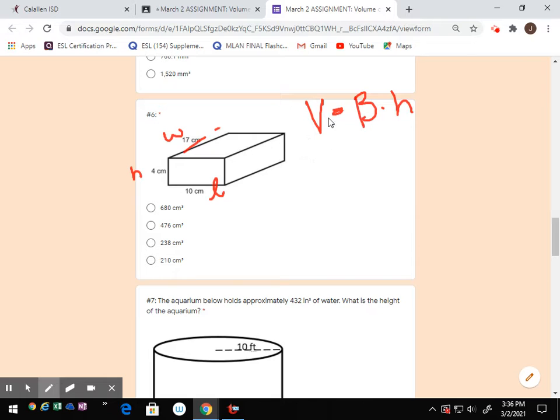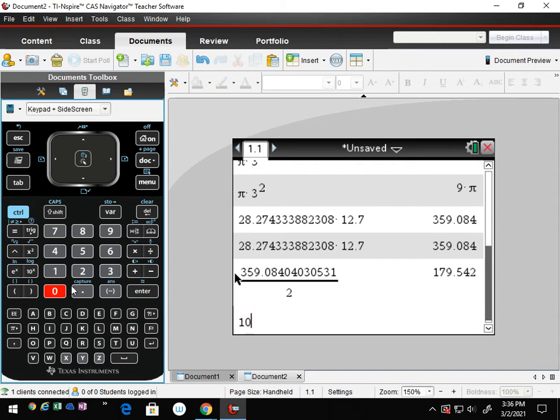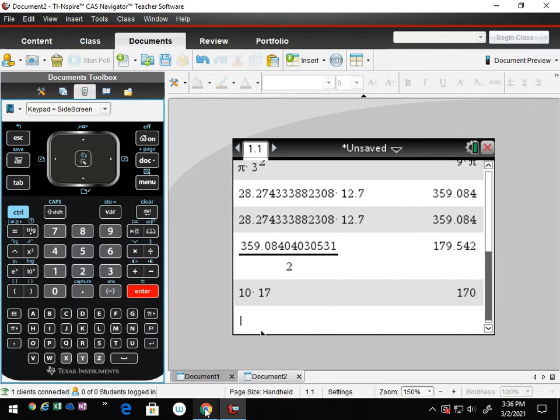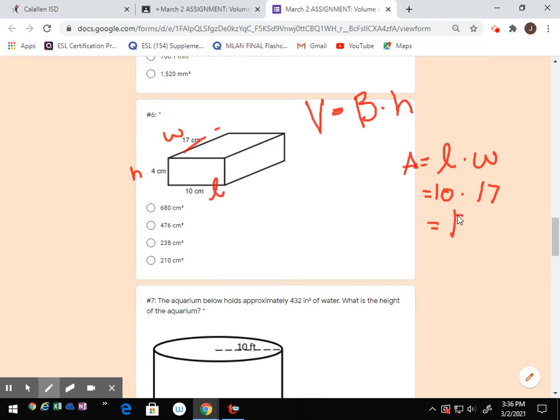All right. So for volume, our big B is the area formula for a rectangle, which is our base. So we have length times width. Our length is 10, so we'll have 10 times 17, which is equal to 170. So we have volume, and we're going to replace big B with 170 times our height.